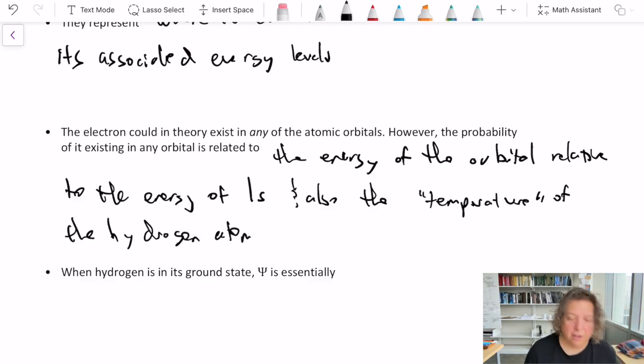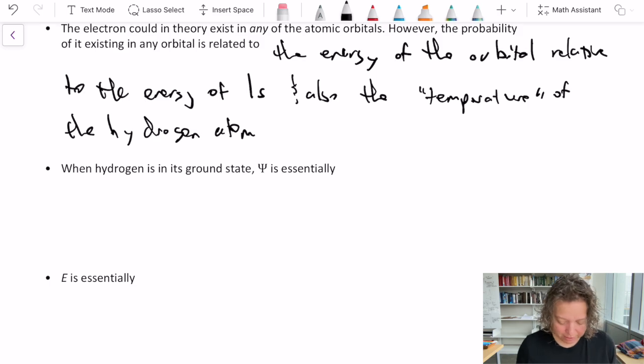I put temperature in quotes because in reality the hydrogen atom just has to receive energy from some source. For example, it can receive energy from electricity. It doesn't have to be heat. But basically, if you heat this thing up and it receives the right amount of energy, then the electron has the possibility to move outside of its ground state.